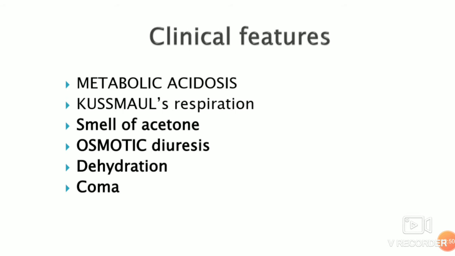So when you see these patients, they basically look dehydrated because of hyperglycemia, and their osmolar concentration of glucose is very high, which leads to reduced water absorption in the kidney. Along with being dehydrated, patients will present with confusion, nausea, vomiting, and abdominal pain.